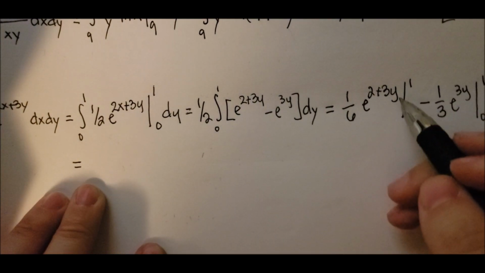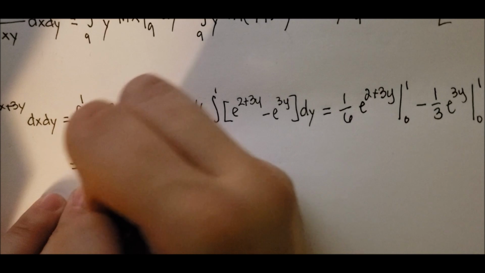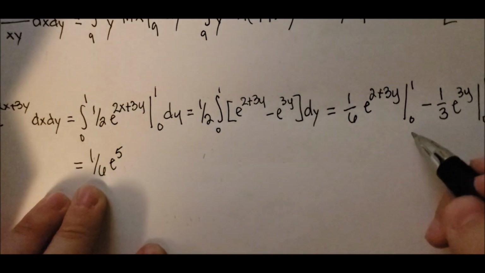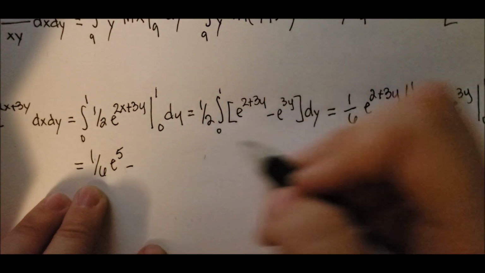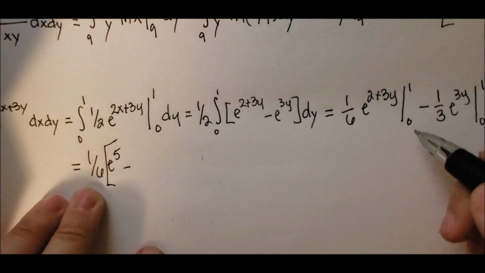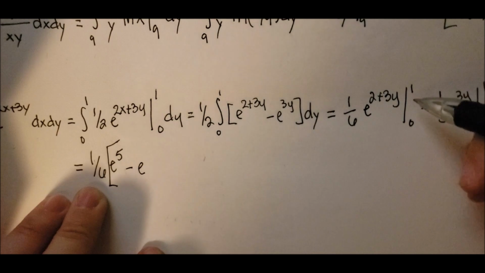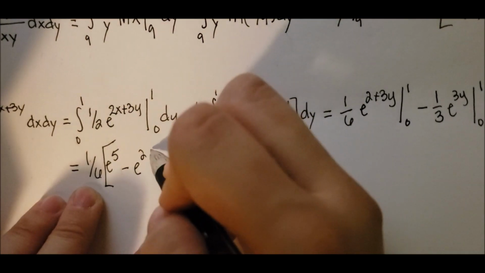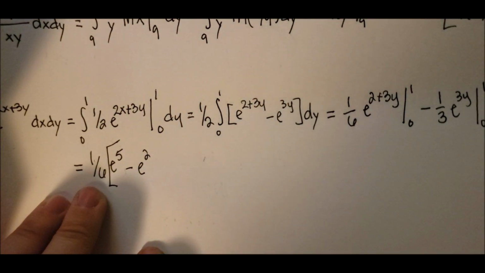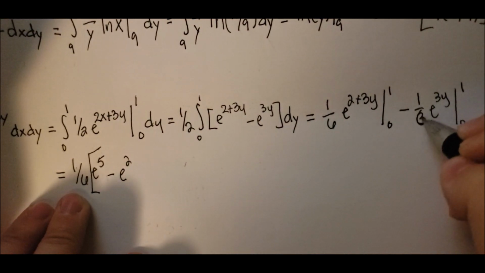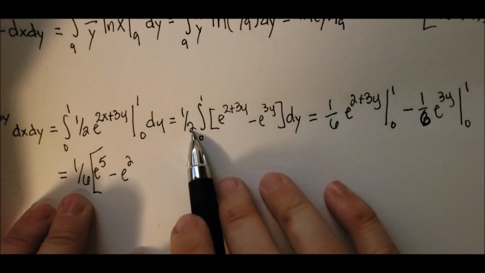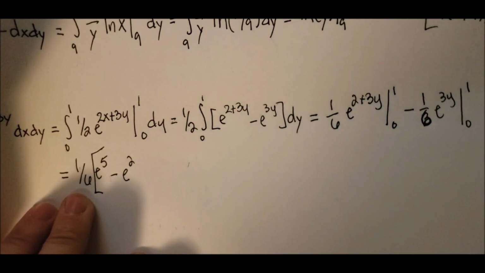So 1/6 e to the 5th minus e to the 2. Now this is going to be 1/6 as well, so I had 1/2 times both of these.